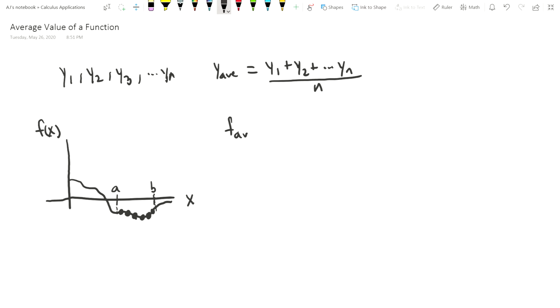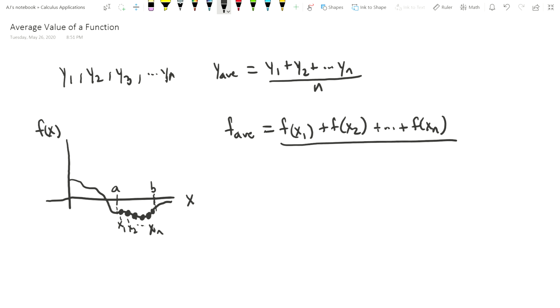In this case, the average value of the function is simply going to be f of x1, where let's say this is x1, this is x2, and let's say we have n different points. So the average value of the function is going to be f of x1 plus f of x2, and we sum this all the way to f of xn, and then we divide by n.